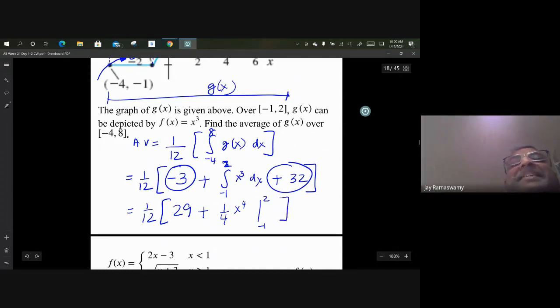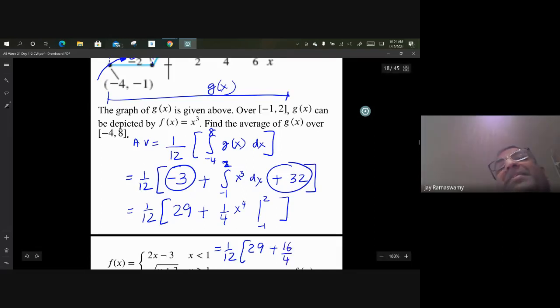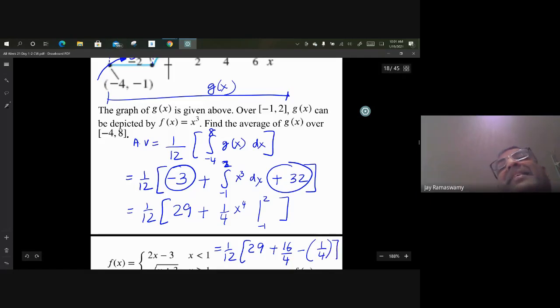And then finally, 1/12 times 29. What's 2 to the power of 4? 16. Divided by 4? Okay, I'll write the 16/4, minus parentheses. What's -1 to the power of 4? 1. So that's 1/4. Is the rest of it just simple algebra?